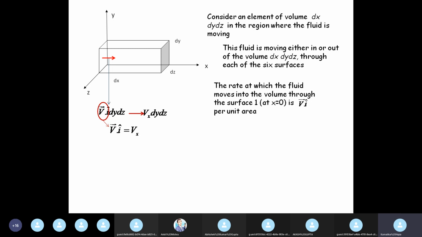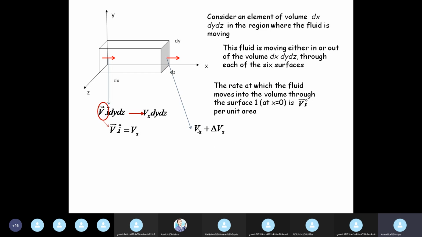All right. Now, when the fluid leaves through this surface here, it can be joined by some more fluid from the other surfaces, or the fluid coming out may be less than the fluid entering. We just retain a plus sign. It may be minus also. So it's an algebraic sum.